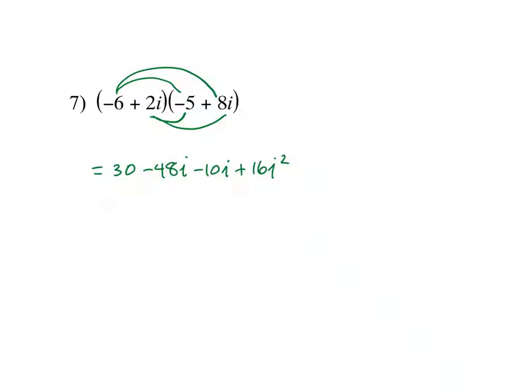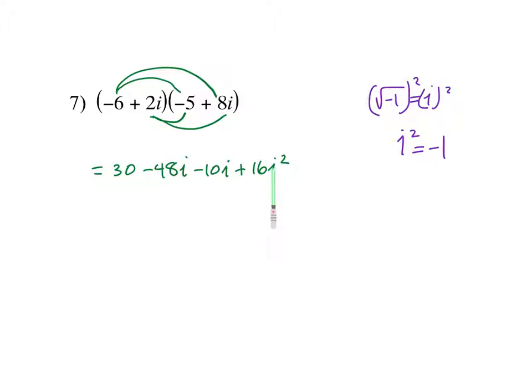Remember that we said that the square root of negative 1 equals i. If I square on both sides here, I have that i squared equals negative 1. So that means that I can substitute here i squared for negative 1.